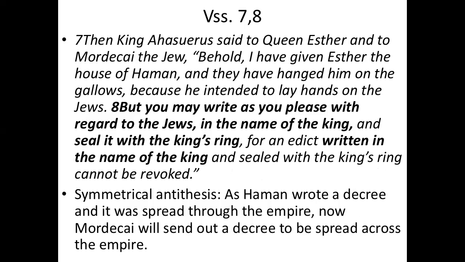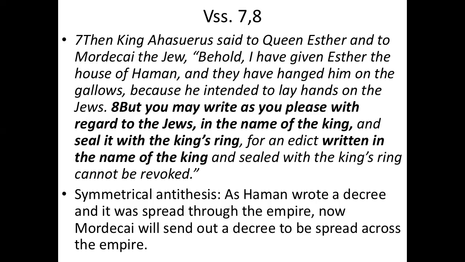But yeah, what he's doing is saying, I've given you authority to write whatever you need to and whatever you want to in regard to this. In other words, you enact the law, you have the signet ring. I'm giving you the authority to do this. So they have been lifted way up there, right? So it's a symmetrical antithesis.